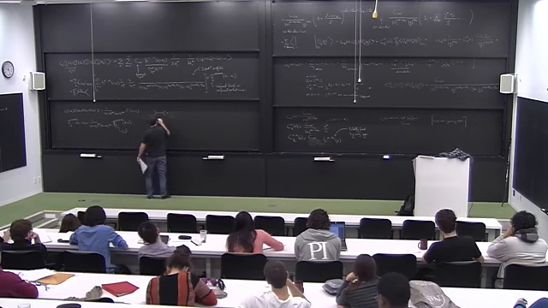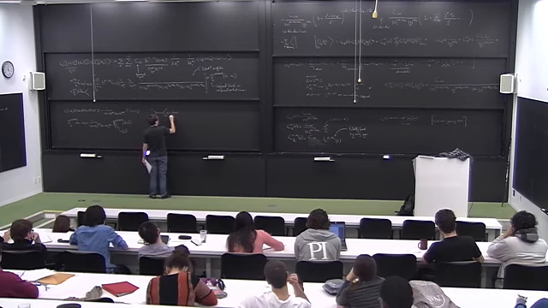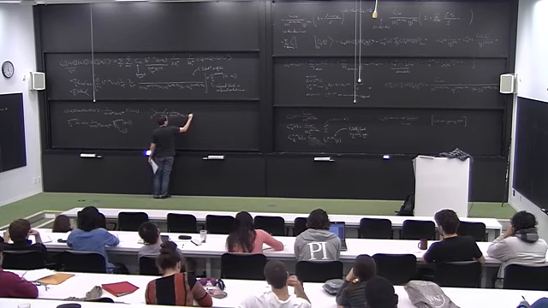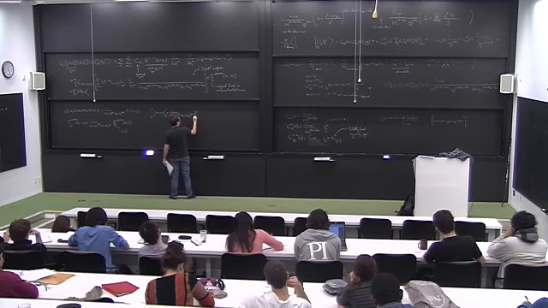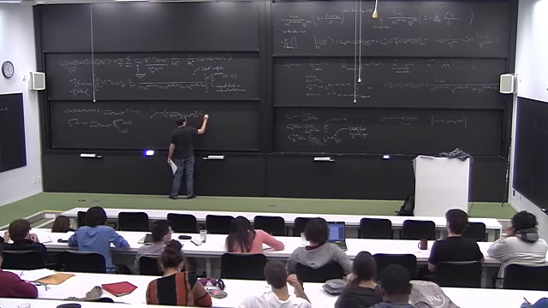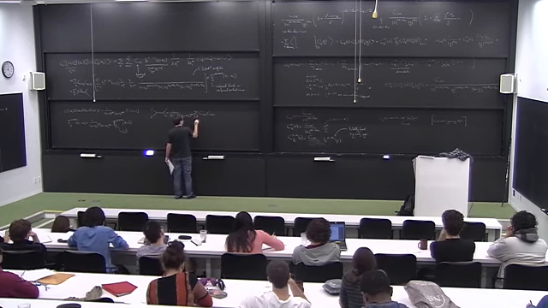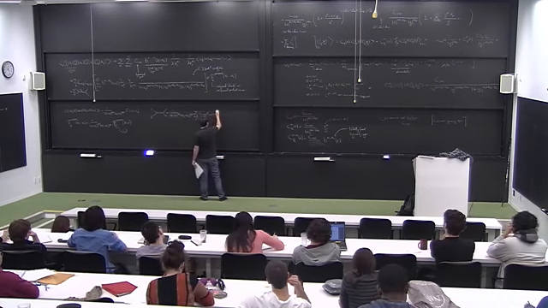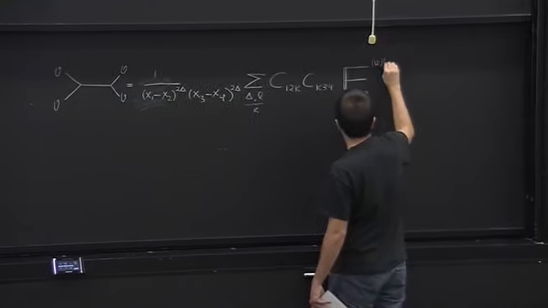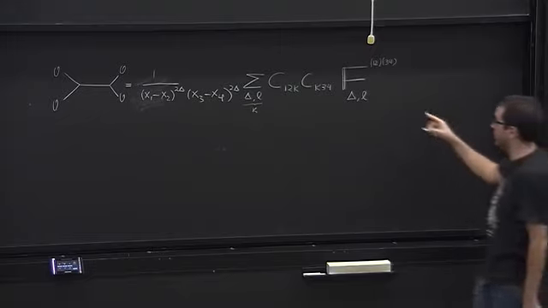For 4 operators which are the same, O, it would be given by 1 over (x1 minus x2) to the power 2 delta, (x3 minus x4) to the power 2 delta, times the sum over operators of dimension delta and spin L, C_{12k} C_{k34}, where k is this operator, and then some known function that has labels delta and L, and it also knows about the external operators, delta 1, delta 2, delta 3, and delta 4.